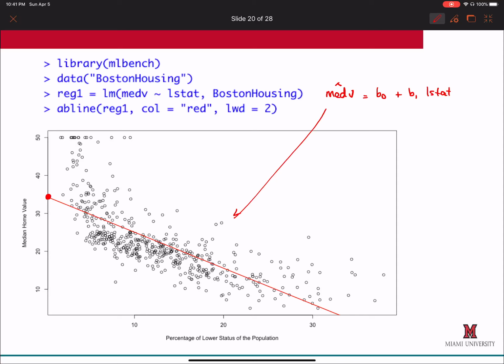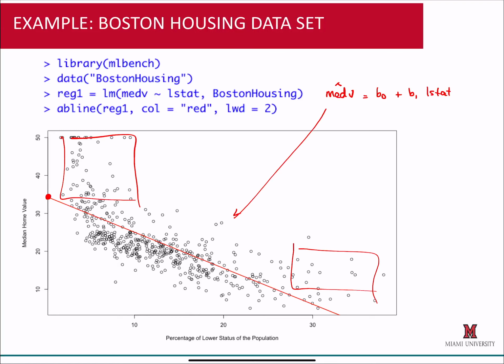Instead, this looks like a quadratic trend. The line misses these parts really badly, and overall the residuals wouldn't look constant. So all of these assumptions that we make in regression would probably not be satisfied.